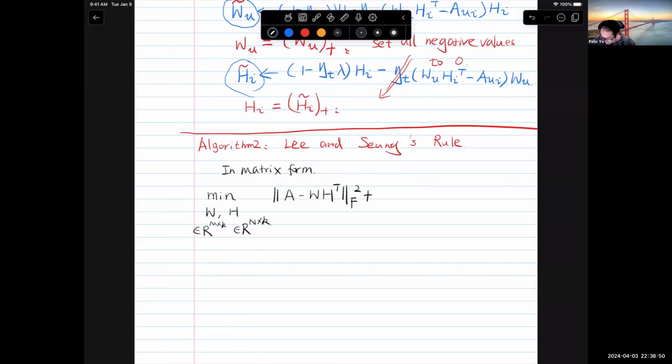And the lambda, so I think I have 1/2 here, and the lambda over 2, which is the same thing. This is the penalty, subject to W being non-negative, and H is non-negative as well.